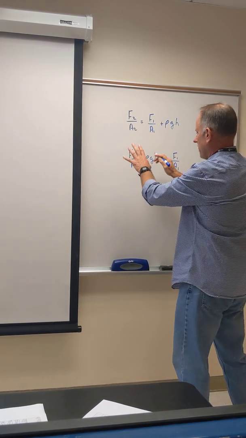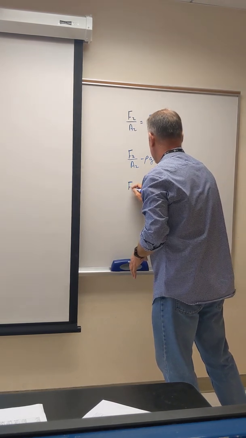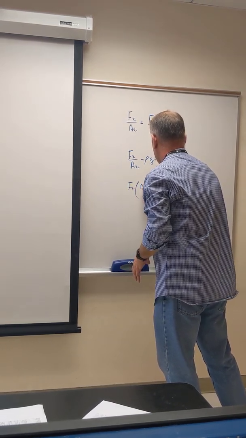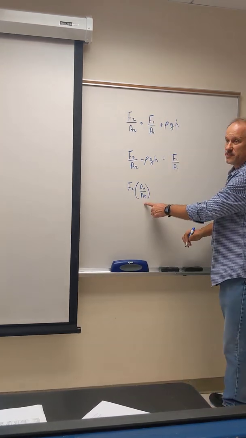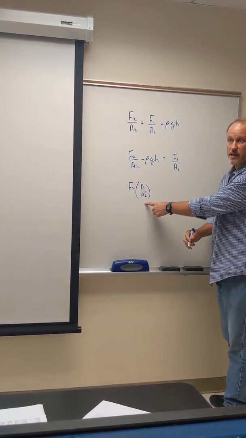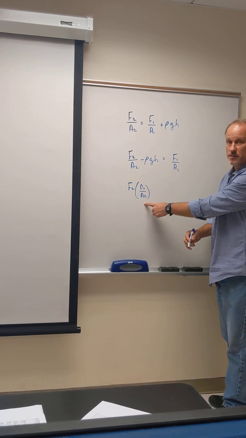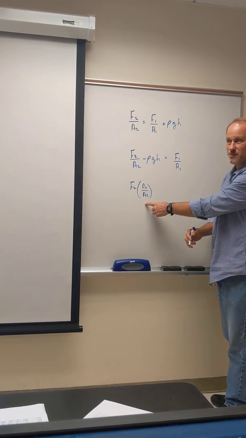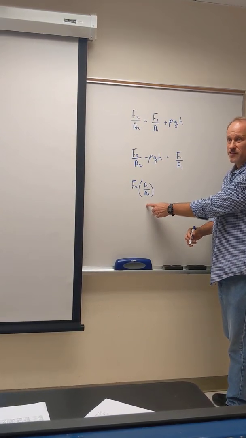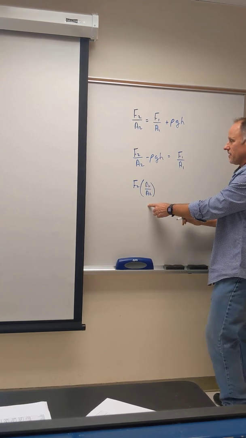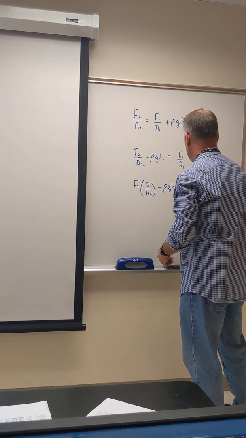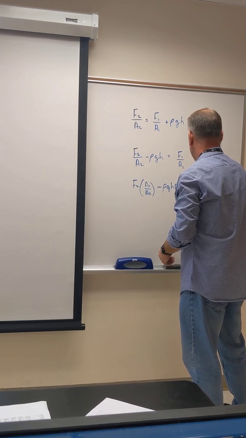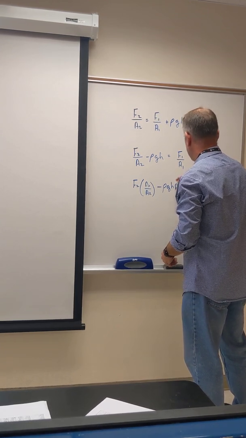Well, I multiply by A1. So this part looks very much the same as our previous result, correct? Look at your notes. Isn't this what we stopped with previously? Okay. Minus rho GH A1 equals F1.